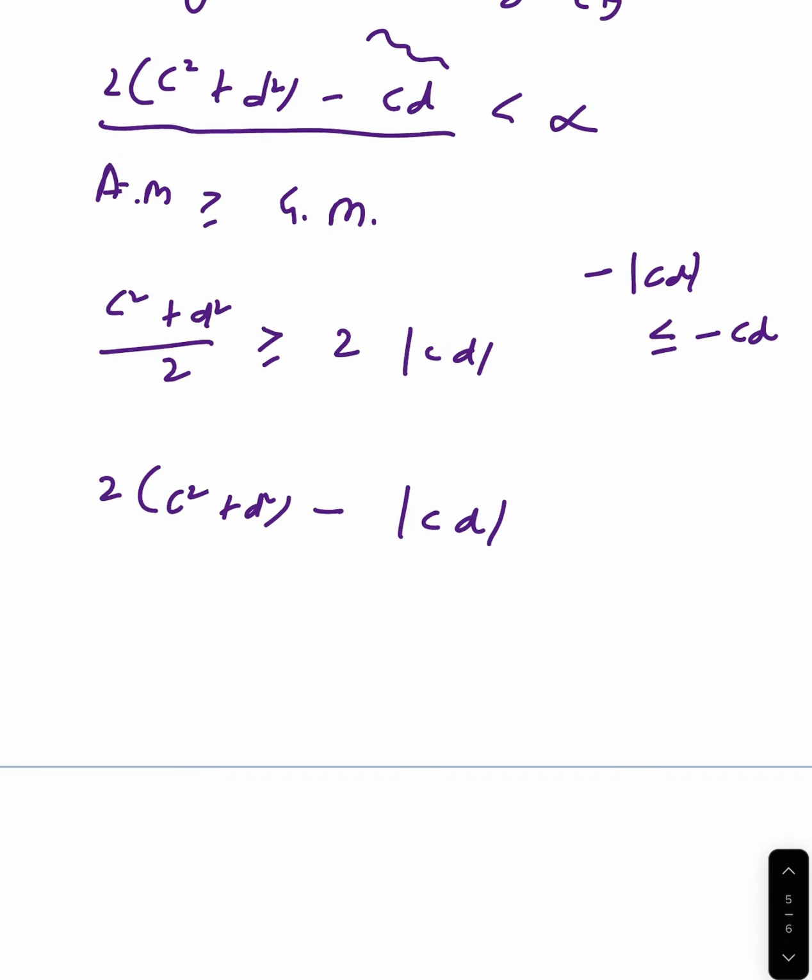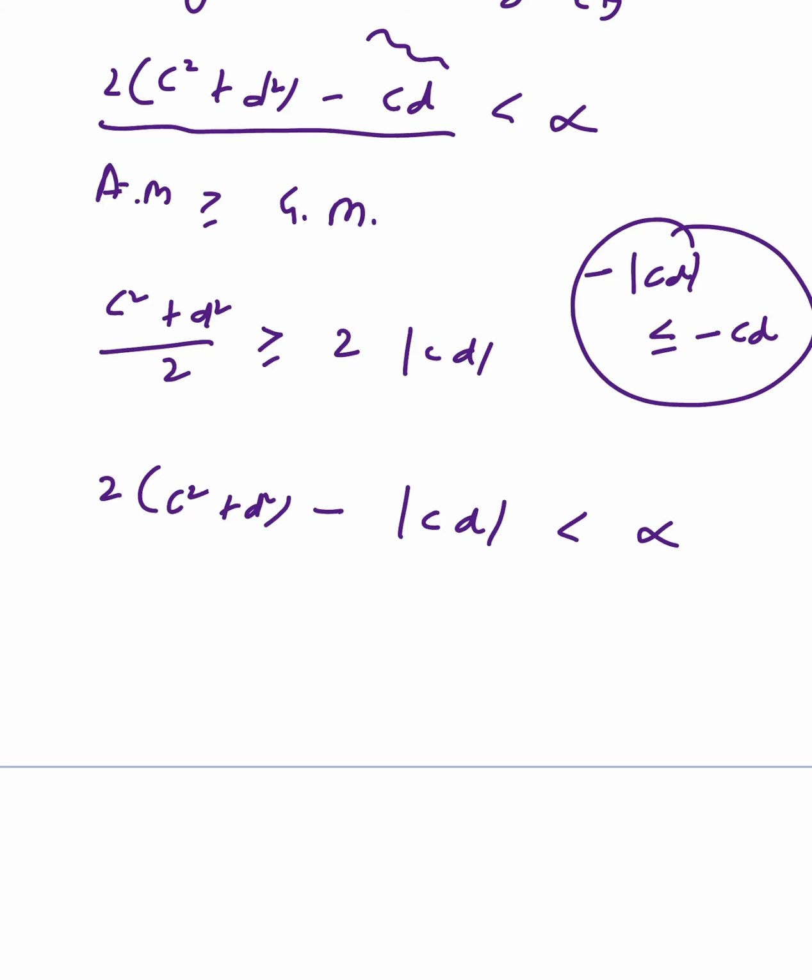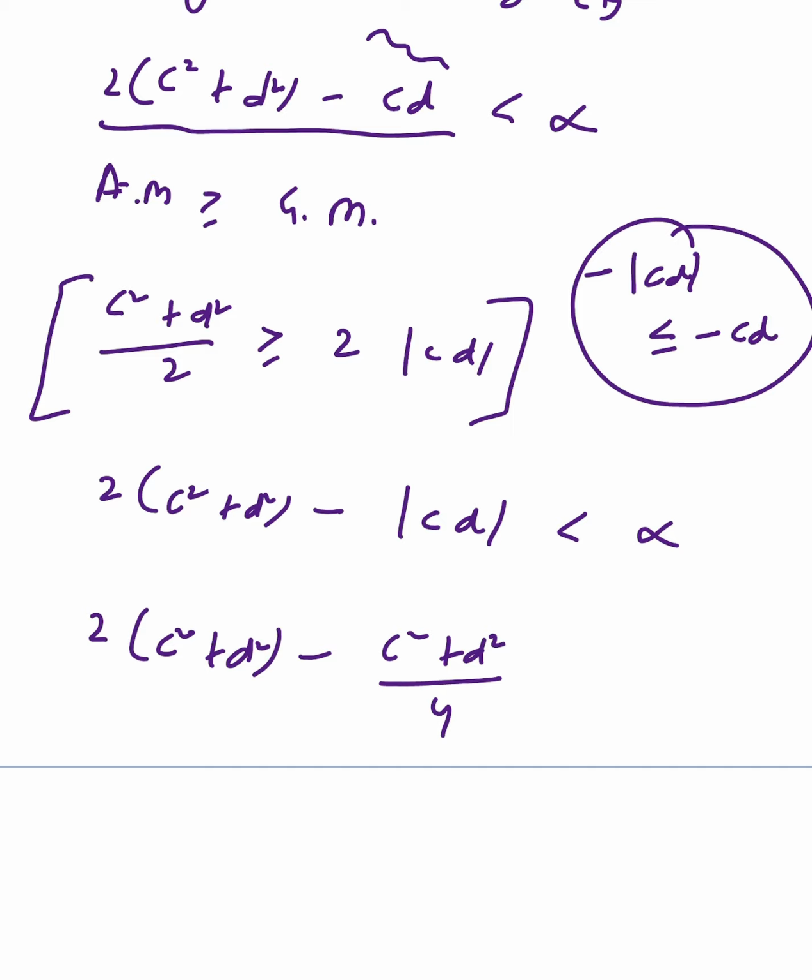So this is less than alpha, and because of this, this is now less than alpha. Now we can use the AM greater than or equal to GM inequality here to get 2c squared plus d squared is c squared plus d squared over 4, right? This is less than alpha.